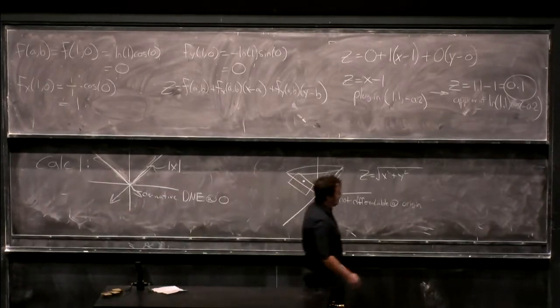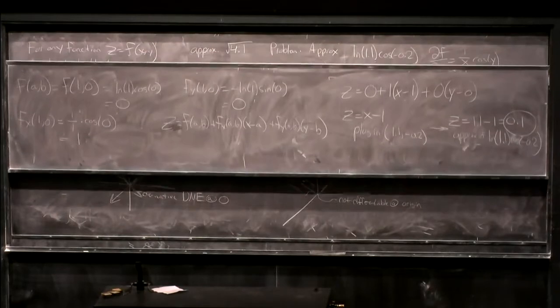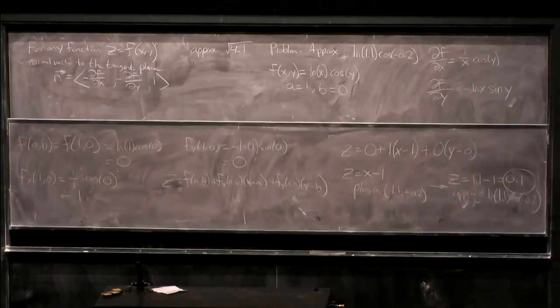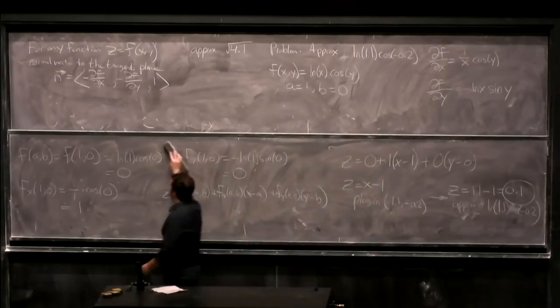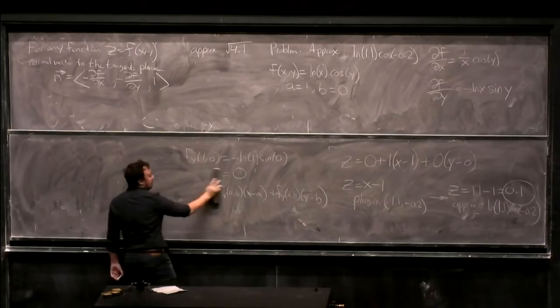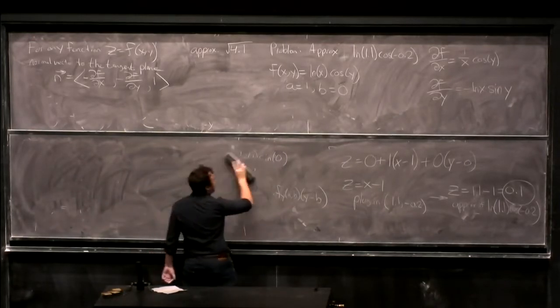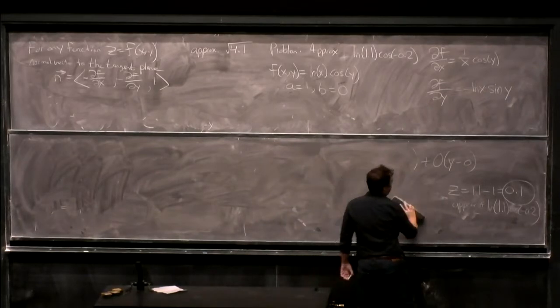So there is a rigorous mathematical definition, and it's the same one you'll see in the book, but I'm going to try and explain it in English because it's kind of complicated. So let's write down the formal math definition of what it means for a multivariable function to be differentiable.